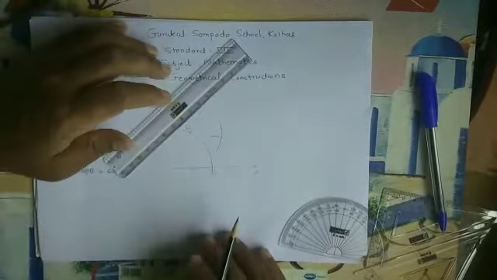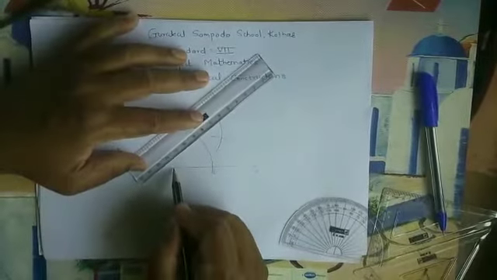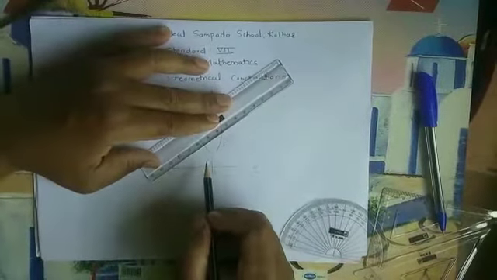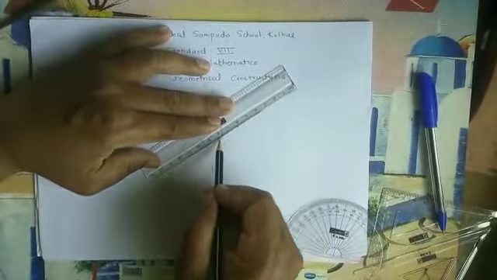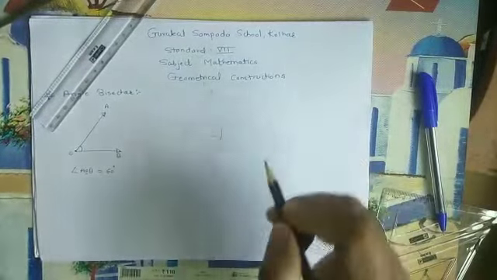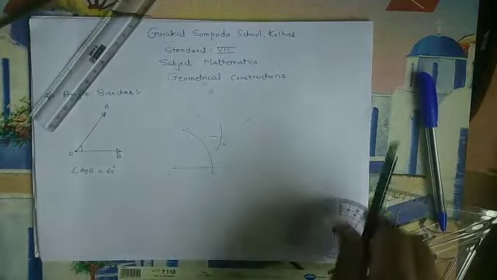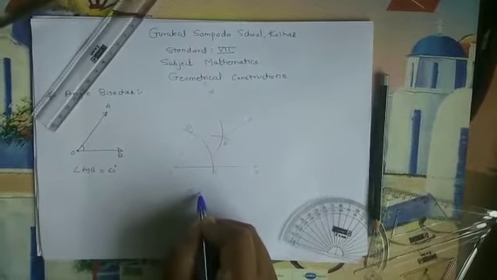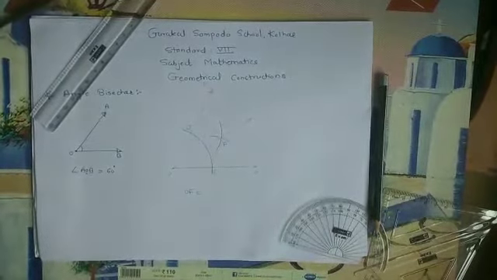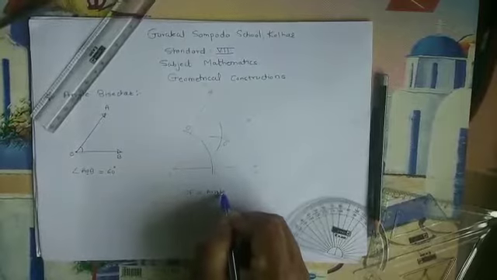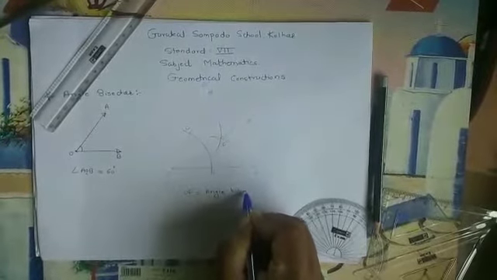Then I draw a straight line with the help of the scale from O and consider this point as F. So join OF. This ray OF divides this angle AOB into two equal parts. So OF is called the angle bisector.